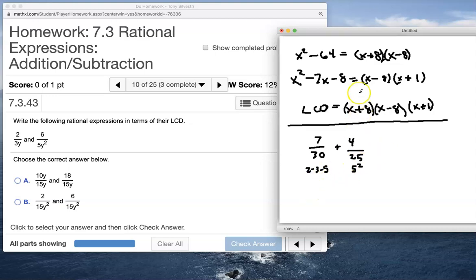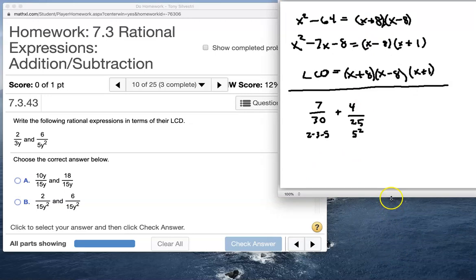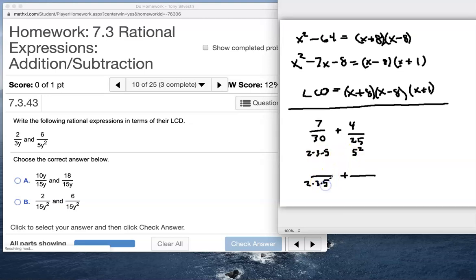Okay, so let me push this up a little bit. Bring this down. Well, here's what's the common denominator. The common denominator has got to have a 2. It's got to have a 3. It's got to have a 5, but you take the highest power of 5 you see.